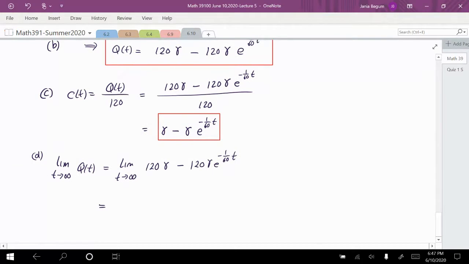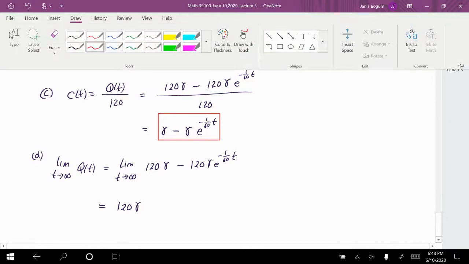As t goes to infinity, what happens to this limit? Professor, doesn't the e basically turn into a 0 if it's to the negative infinity? So it should be just 120 gamma? Yep, absolutely. So as time goes to infinity, the amount of salt settles to 120 times gamma. Okay, so that would be the answer to this.